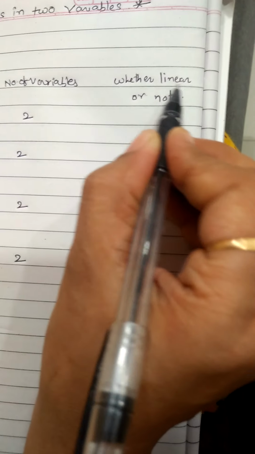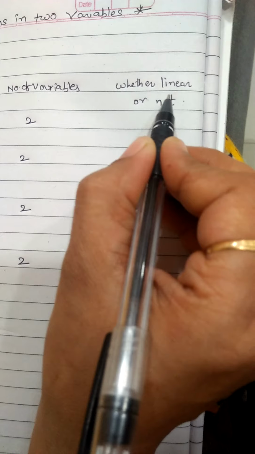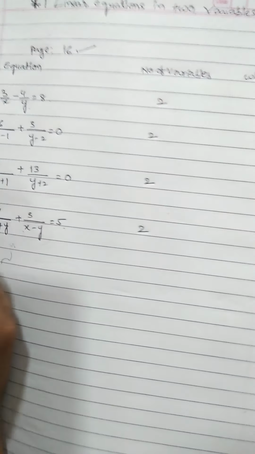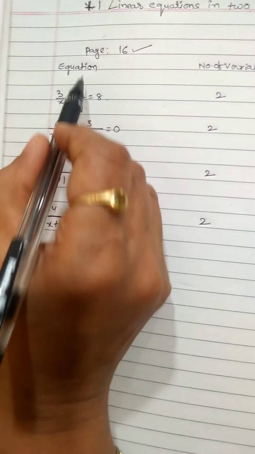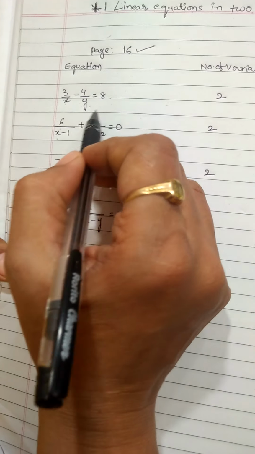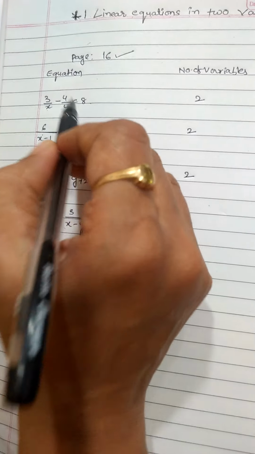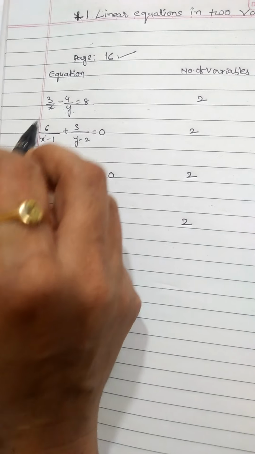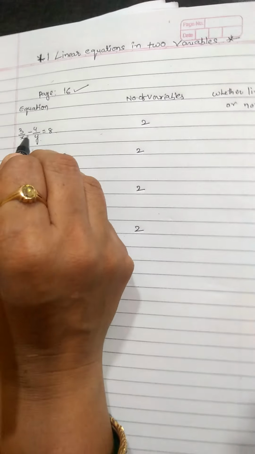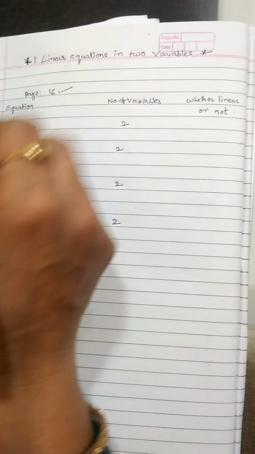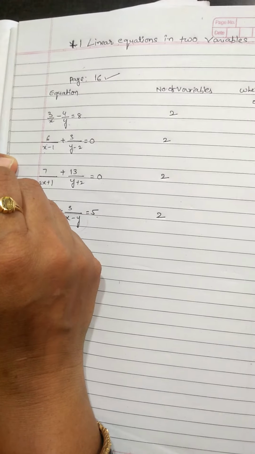Next he is asking whether the given equations are linear or not. To distinguish this, we have some terms and conditions which we learned at the start of the chapter on linear equations in two variables.